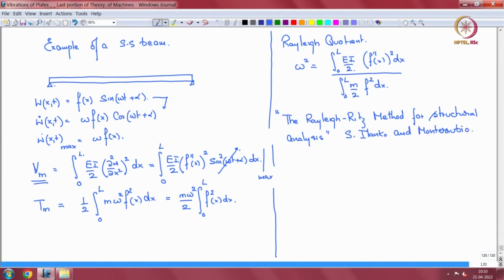It's a very nice book. Now that's my Rayleigh quotient.